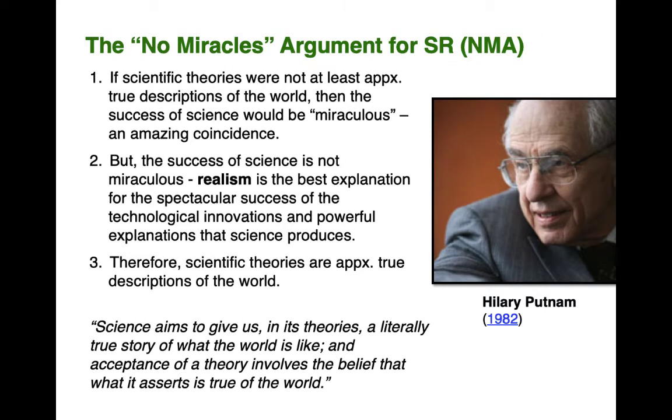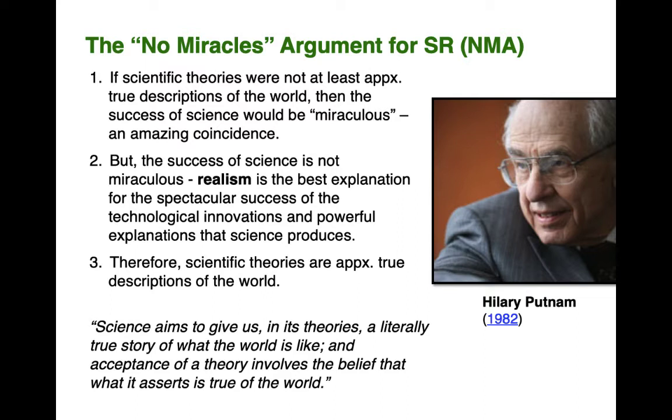Here's an argument, also in the text, chapter 4, for believing that scientific theories are approximately true descriptions of the world. This is the no miracles argument for scientific realism. It goes like this. If scientific theories were not, at least, approximate true descriptions of the world, then the success of science would be miraculous.